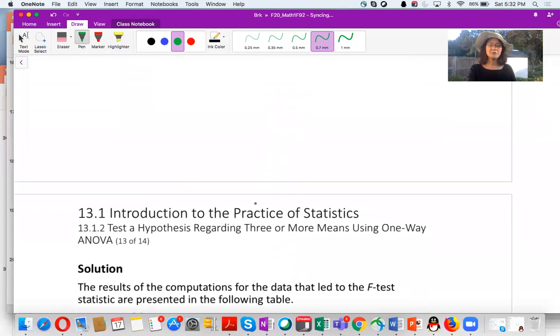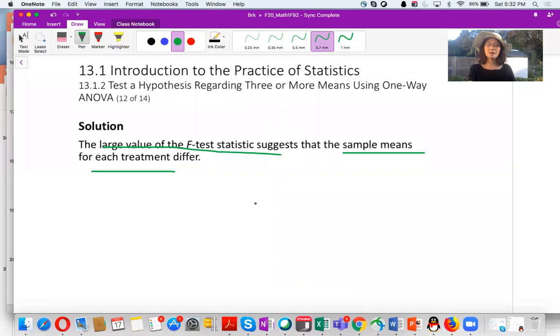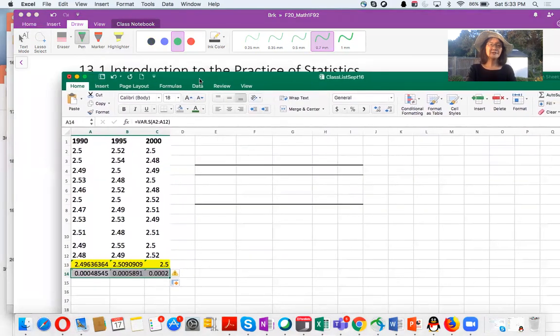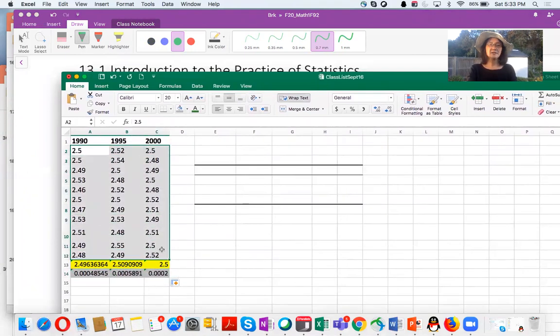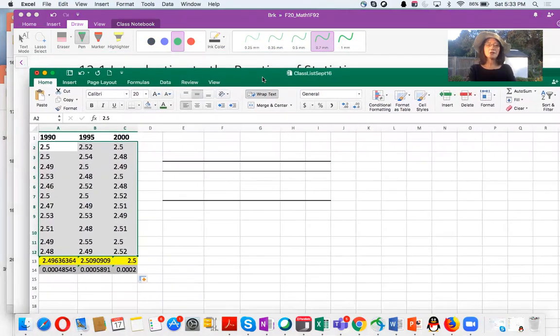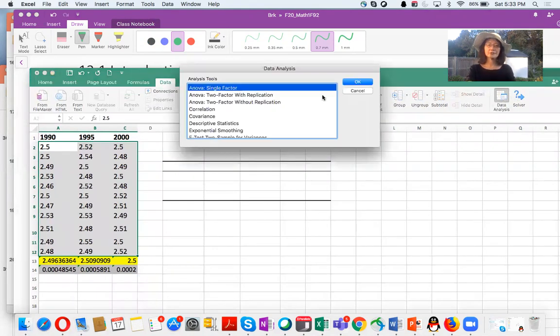And now I'm going to show you the Excel to conduct the ANOVA test and to make decisions. So this is the data, the original data from here to here. Using Excel, I can do a one-way ANOVA test. So I go to Data Analysis, ANOVA: Single Factor.